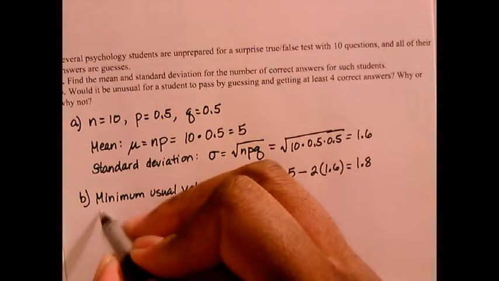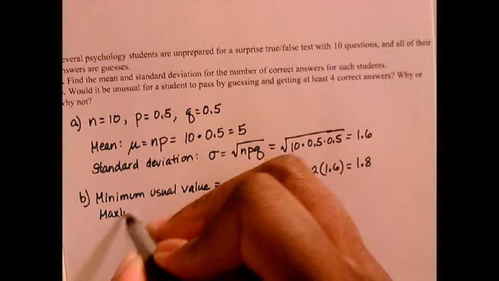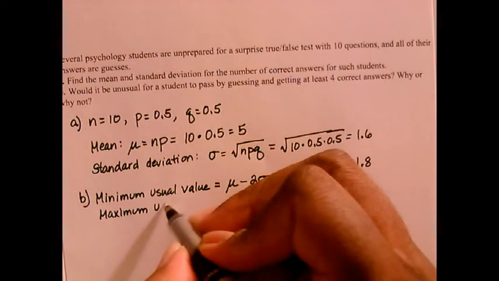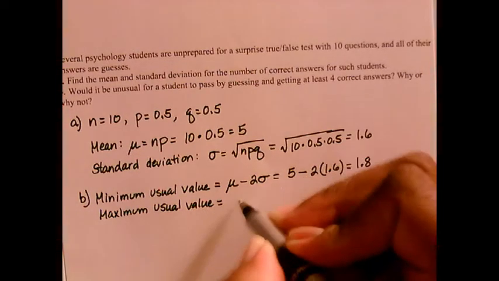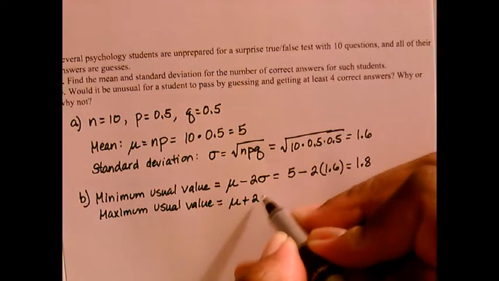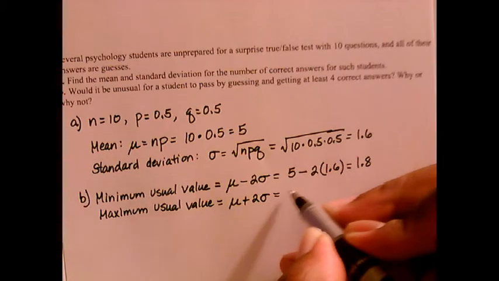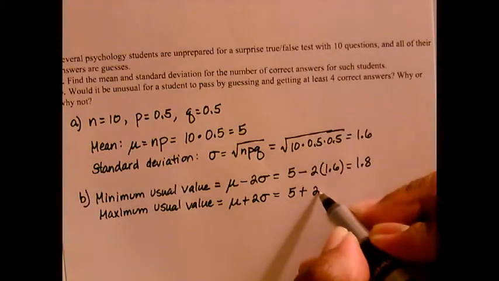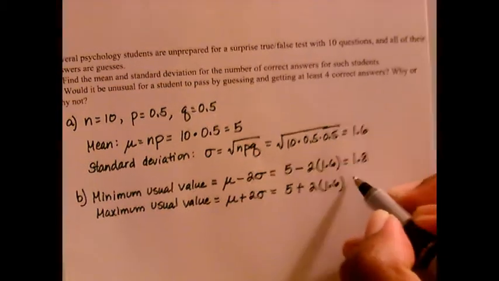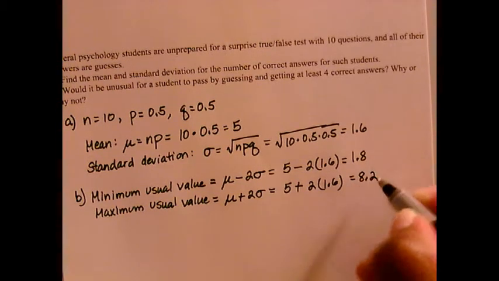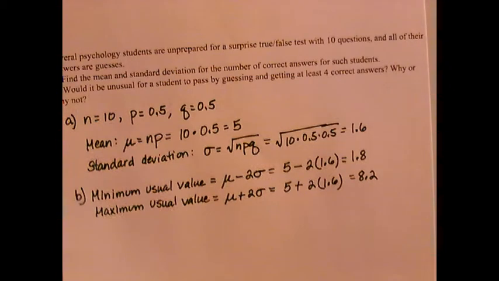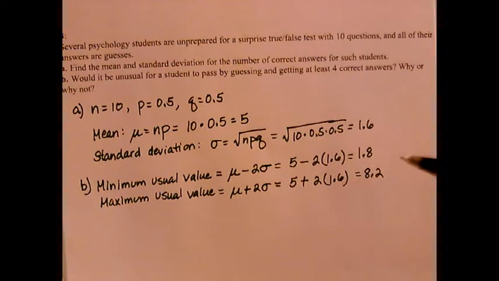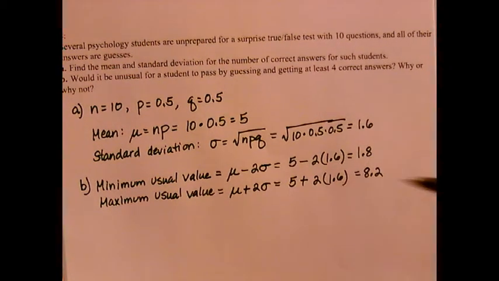And then for your maximum usual value, that's going to be mu plus 2 times sigma, or 5 plus 2 times 1.6, which will end up being 8.2. I believe these numbers are similar to the last example that I just did. So your minimum usual value is 1.8 and the maximum is 8.2.